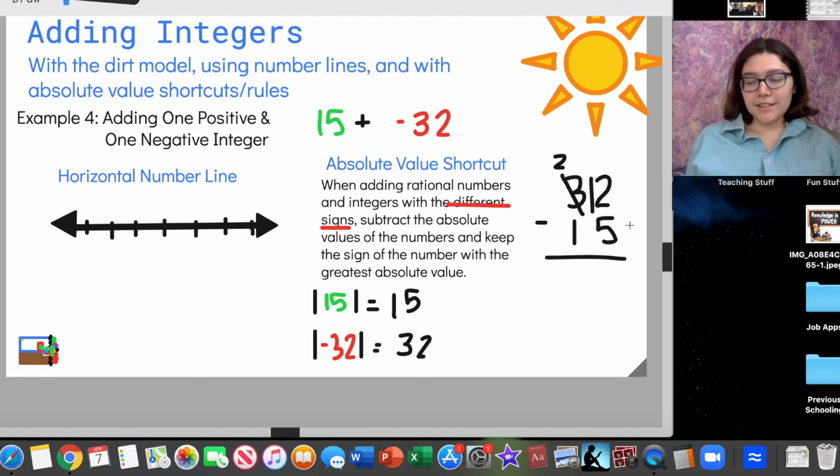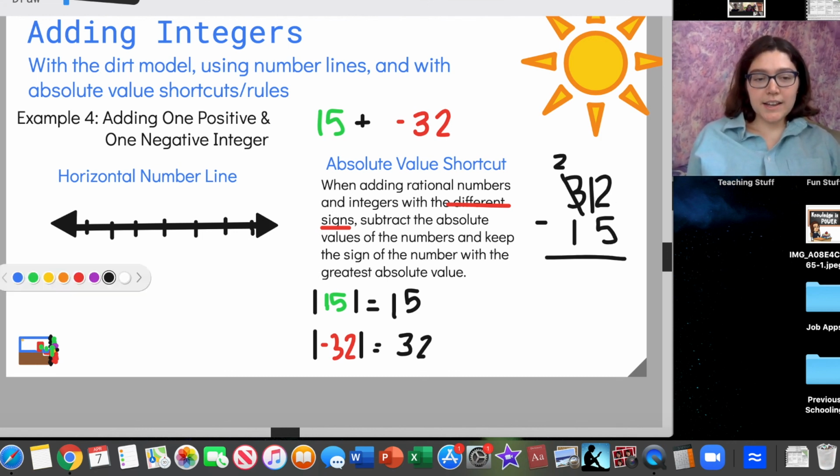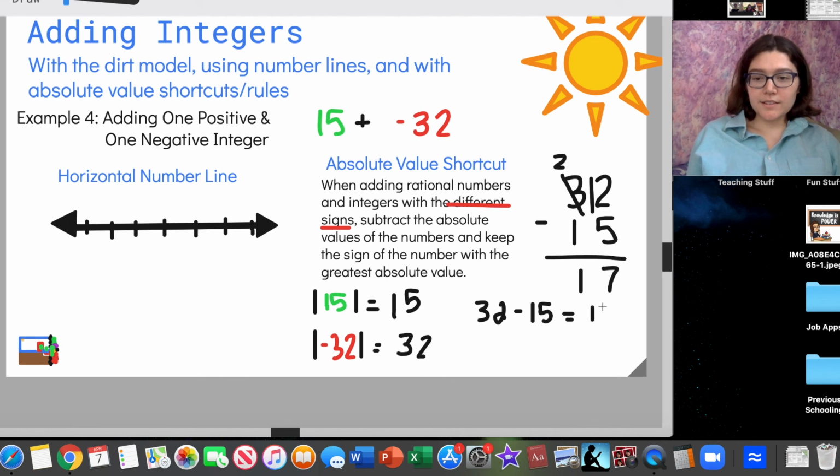Well, you're really carrying a 10 from the tens place. So we turn that 2 into a 12. And then we do 12 minus 5. 12 minus 5 is 7. All right, and then I have 2 minus 1. 2 minus 1 is 1, so the tens digit is 1. When I do 32 minus 15, you get 17.